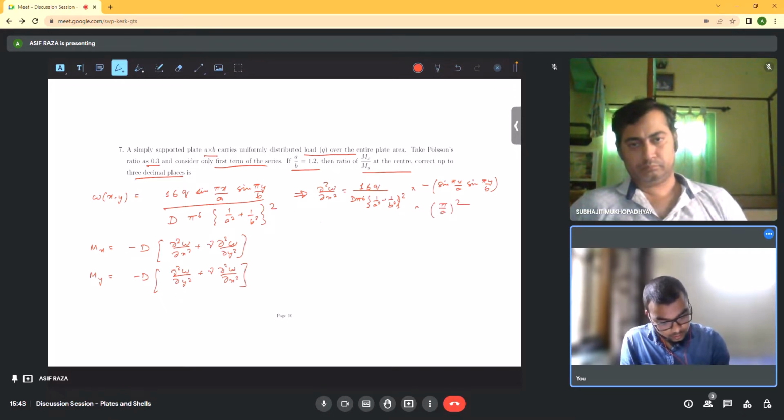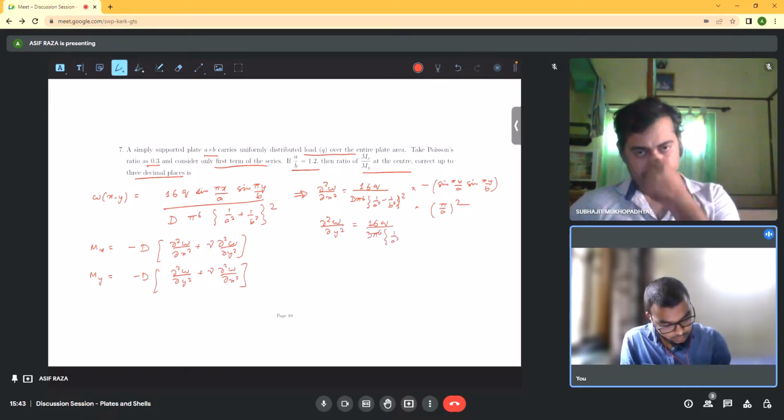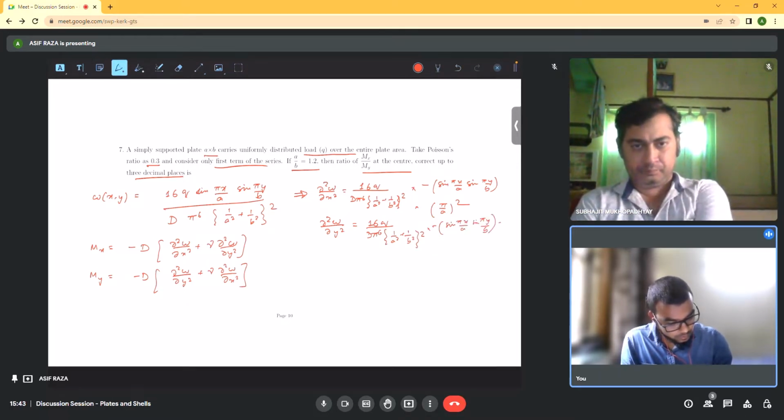Similarly, del square W by del y square will be equal to 16 Q by D pi 6, 1 by A square plus 1 by B square whole square, minus sine pi x by A sine pi y by B and pi by B whole square.